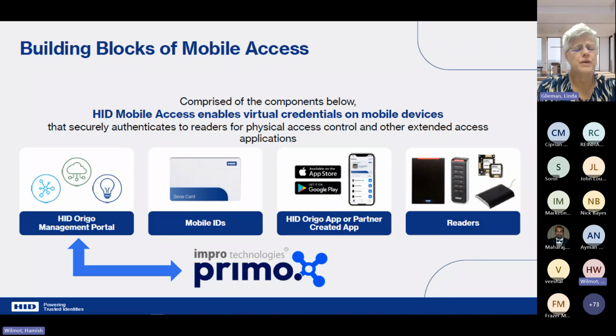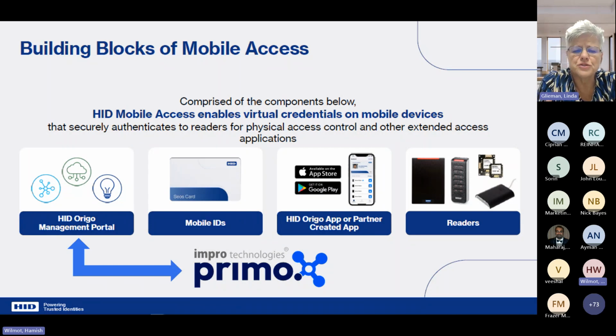The HID Origo management portal is used to send out an invitation email to the end users to tell them where to download the application to sit on their mobile phone from their App Store or Google Play Store. It then provisions the mobile credential to the user's mobile phone.